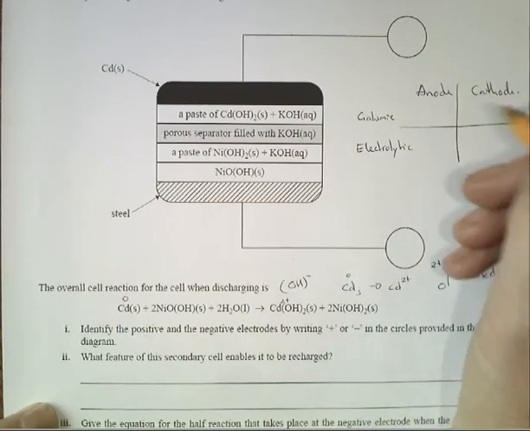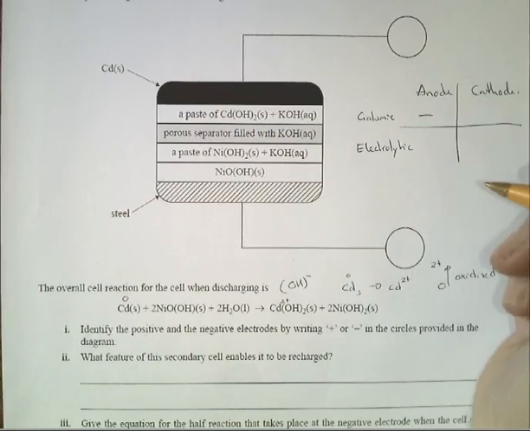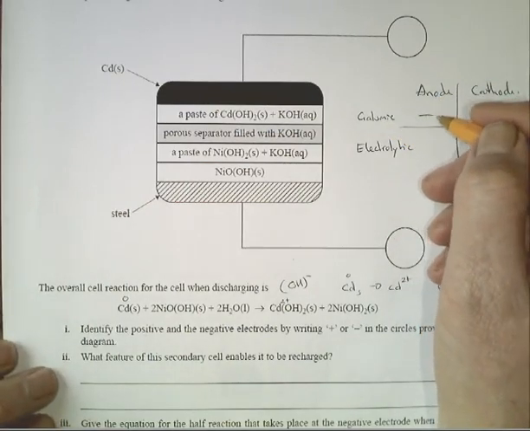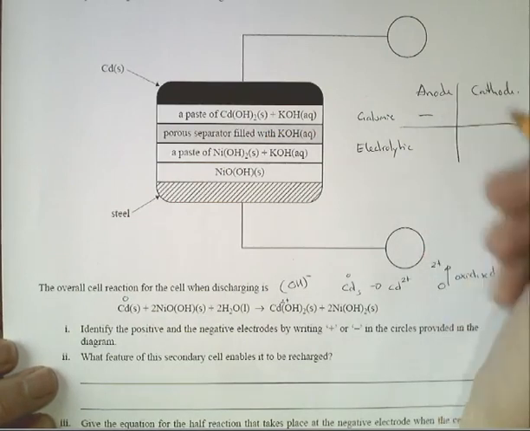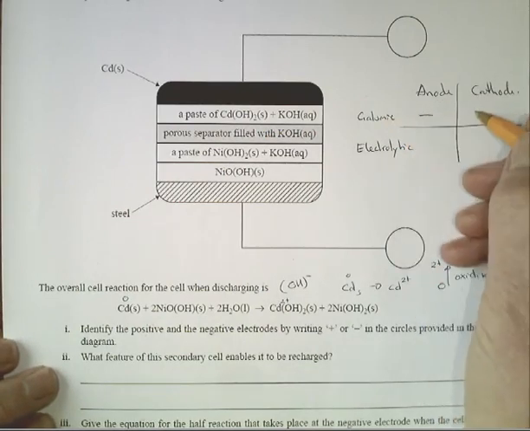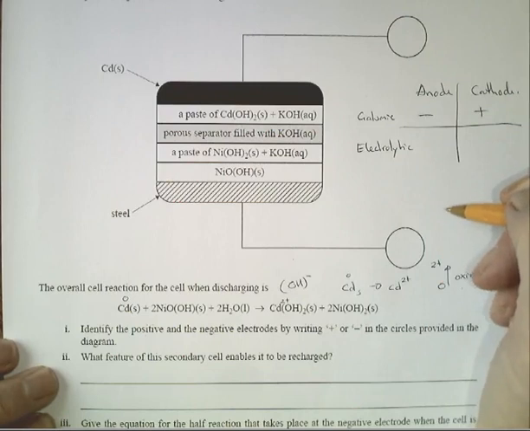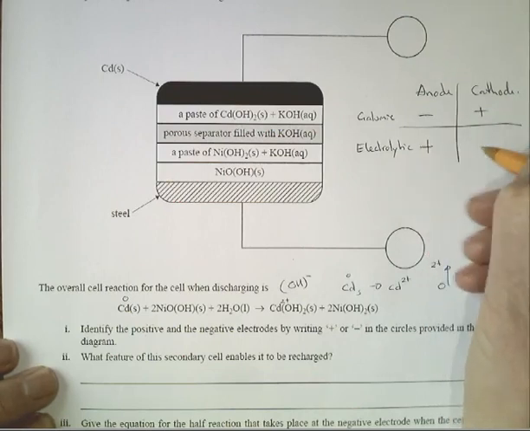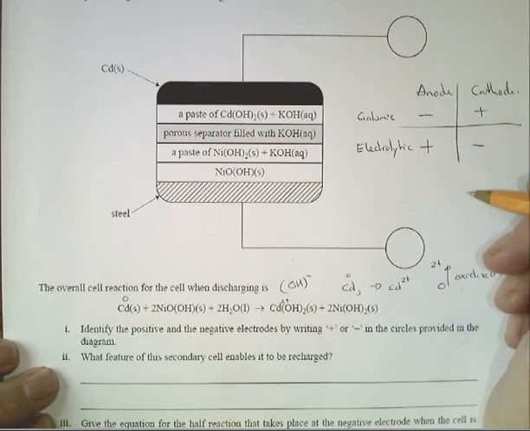So if you just remember that one, a galvanic spontaneous anode oxidation is a loss, is negative. And then all the rest of them you can work out from that. So galvanic, obviously the cathode must be positive. And then the polarities swap around when it's being recharged.